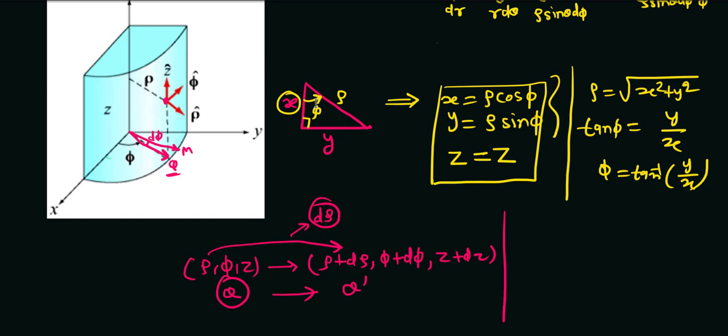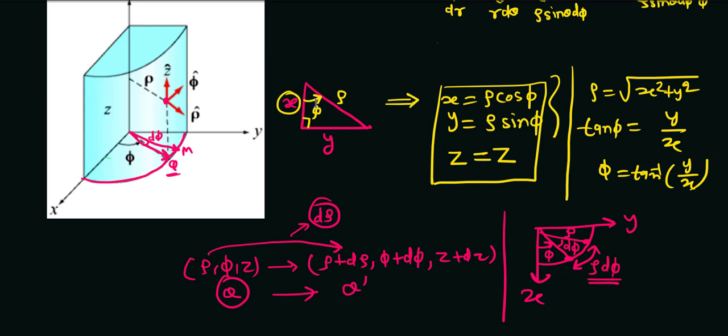The base of this cylinder would be the circular portion. So this is our Y, and this is our X, and this is our circle. Initially you are at this point at angle phi, and you are moving to this point at angle phi plus d phi. The length of this arc would be given by the radius times the angle which you have moved, so rho times d phi.